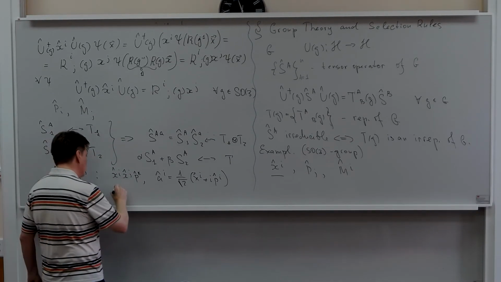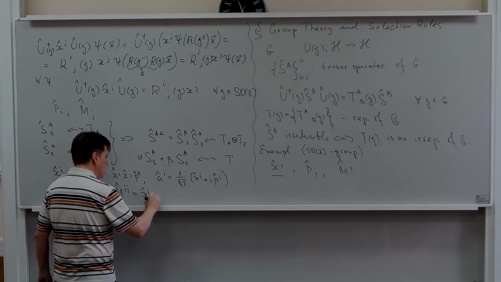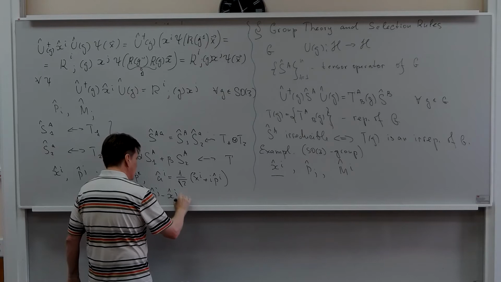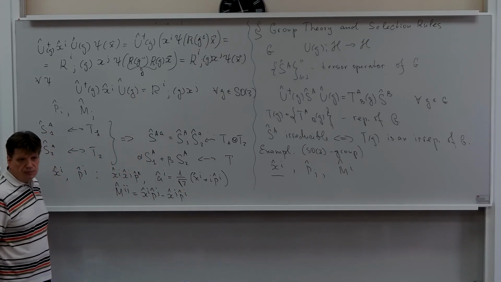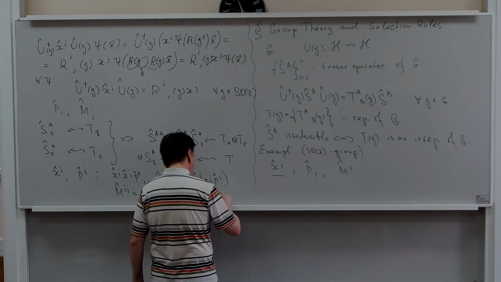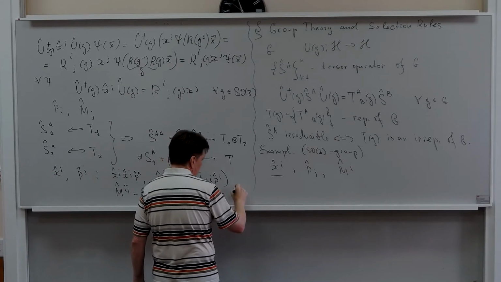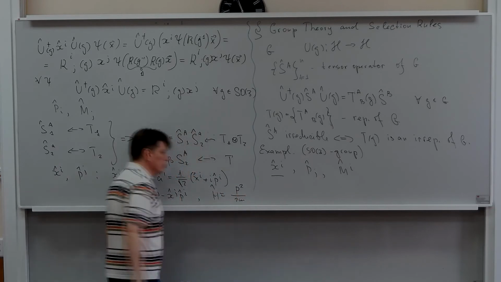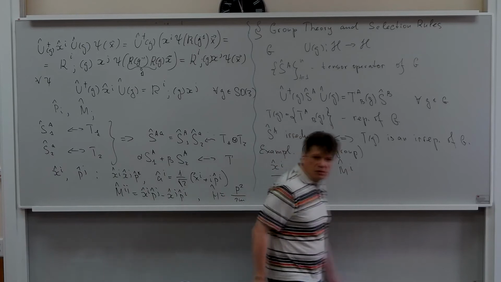One more example, M_ij = x_i p_j minus x_j p_i, the angular momentum operators. Or let's take H given by p squared over 2m, which is again a tensor operator.